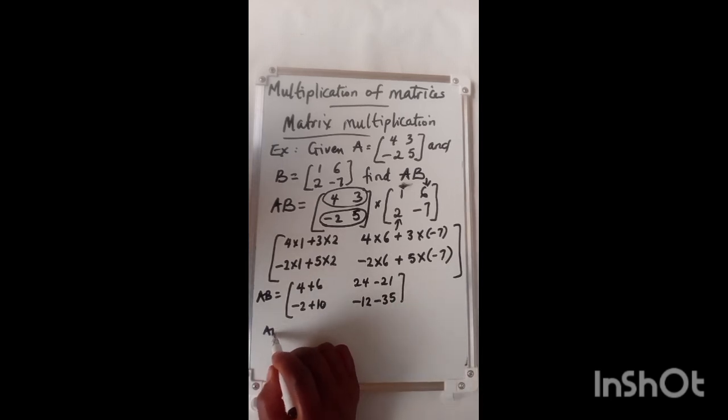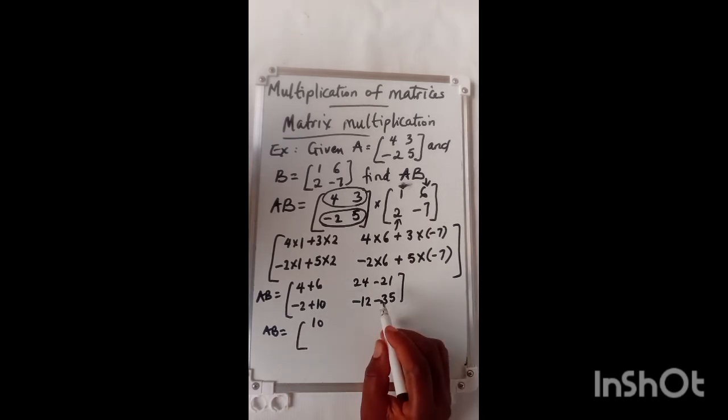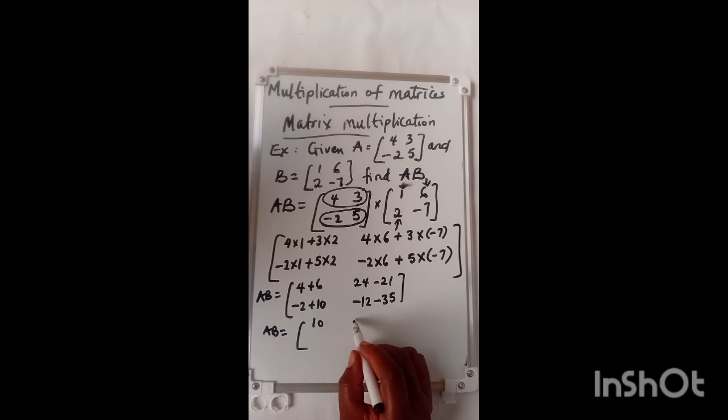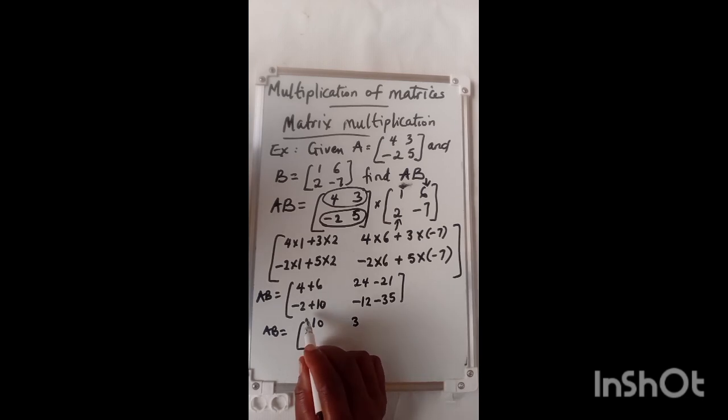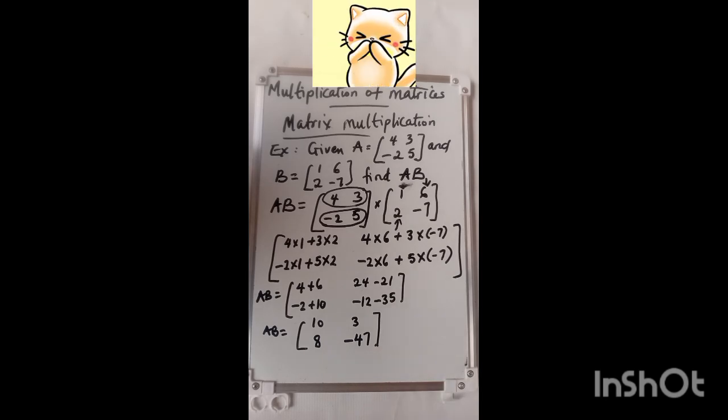Finally, AB equals 10. 24 minus 21 will give us 3. Minus 2 plus 10 is 8. Minus 12 minus 35 will give us minus 47. This is matrix multiplication.